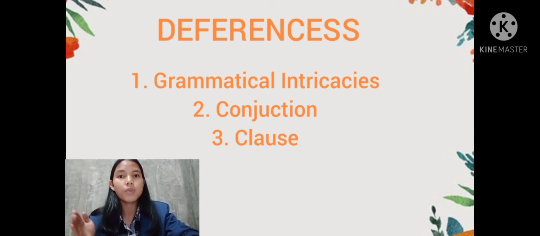Number two, in spoken, more use of external conjunction, while in written, more use of internal conjunction. Number three, in spoken, use of minor clauses, while in written, fewer minor clauses.